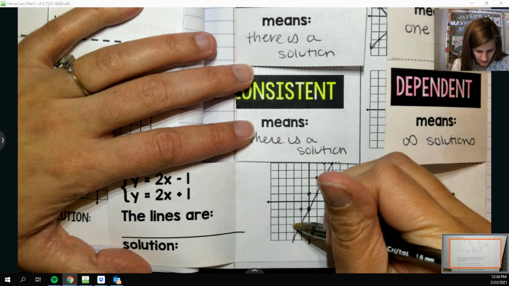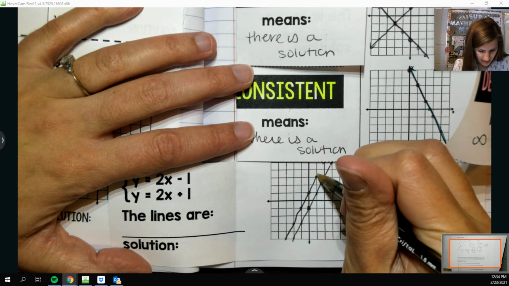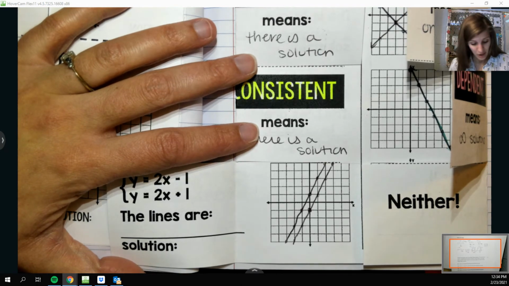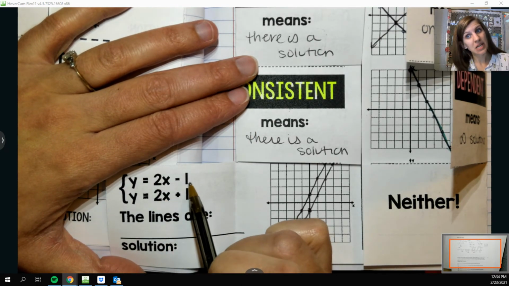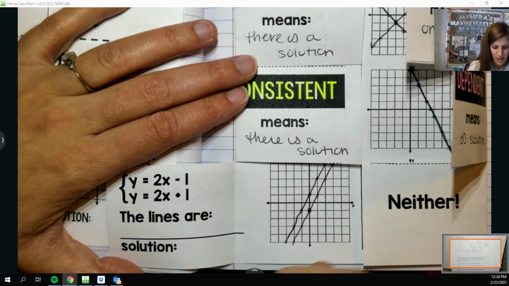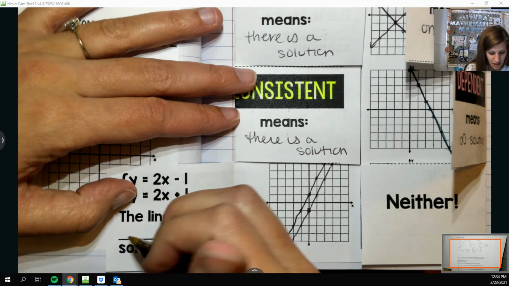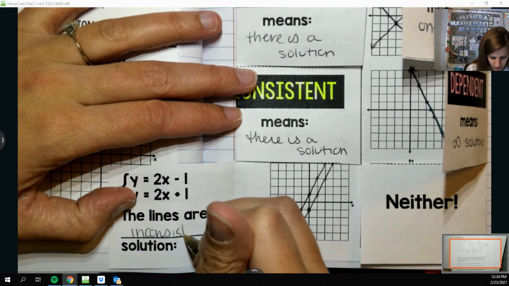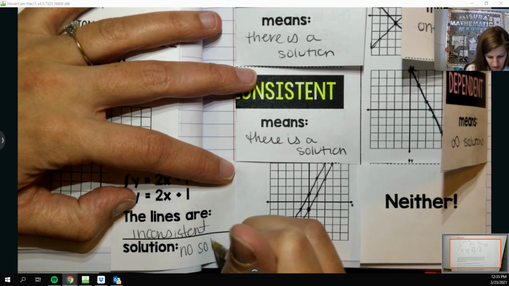So as far as I'll go, they will never touch because these lines are parallel. And I can tell that beforehand because they had the same slopes, but different y-intercepts. So because they're parallel lines, they will never touch, which means that they are inconsistent and have no solution.